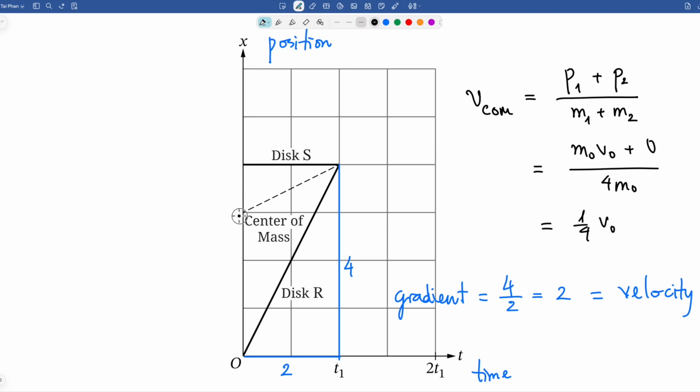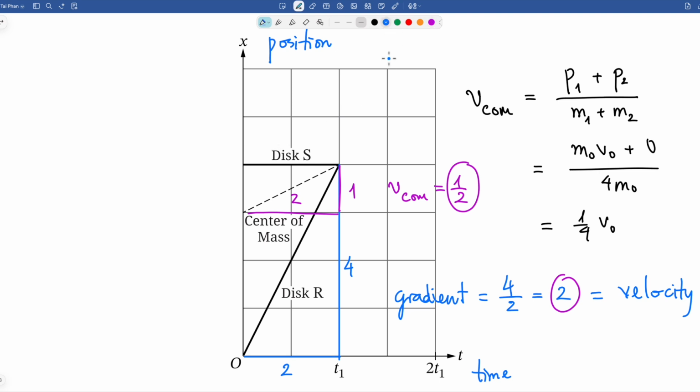See that this dashed line has a gradient of 1/2: the rise is 1 and the run is 2. The slope, which is the velocity of the center of mass, is 1/2, which is 1/4 of the gradient 2 of the velocity of the first object, R. So the graph is certainly consistent with the given information of the question.